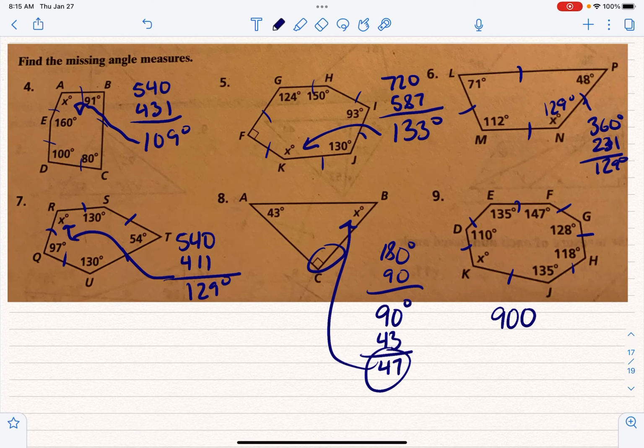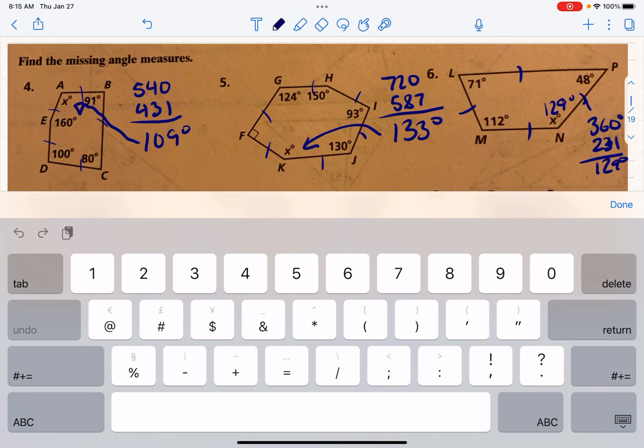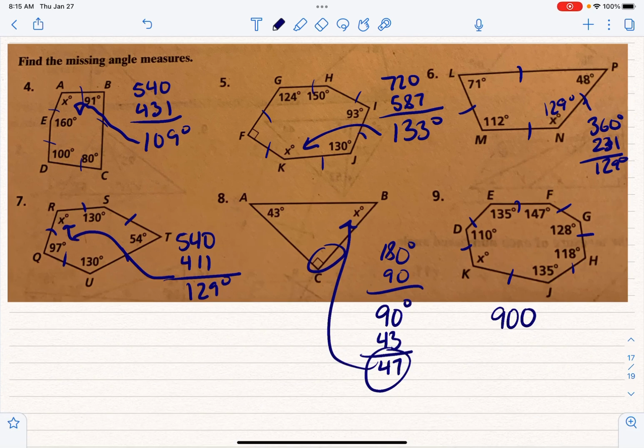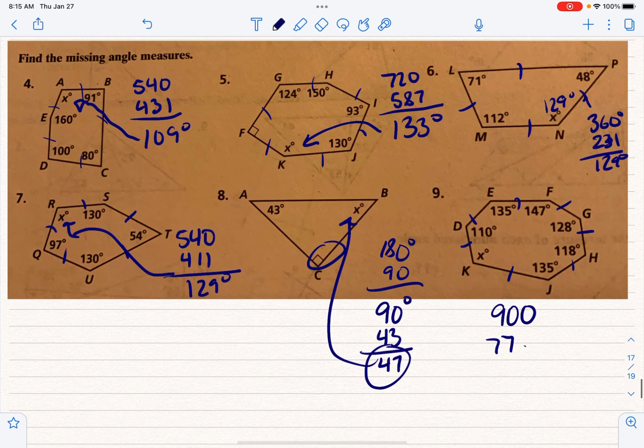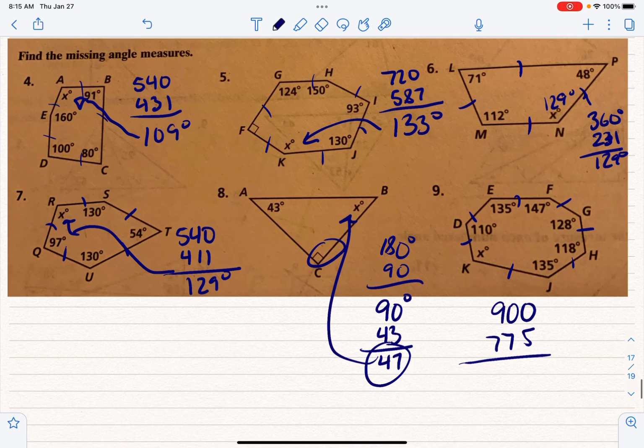Plus 118 is going to be 638. And 638 plus 135 is going to be 775. I like that keyboard jumping out made me lose track of what numbers I was on. I think it was 775. And if it's 775, then the remaining should be 125. I may have made a mistake on that one. Sorry, but I'm going to keep moving.